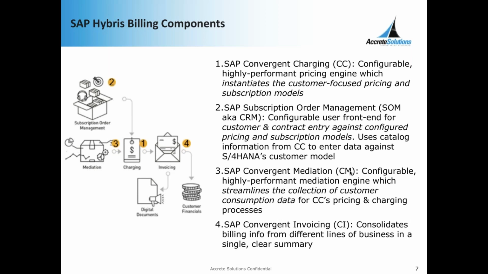So let's just start with some basics. The number one thing that we talk about when we're thinking about BRIM is the ability to price data according to your customer-focused subscription models.